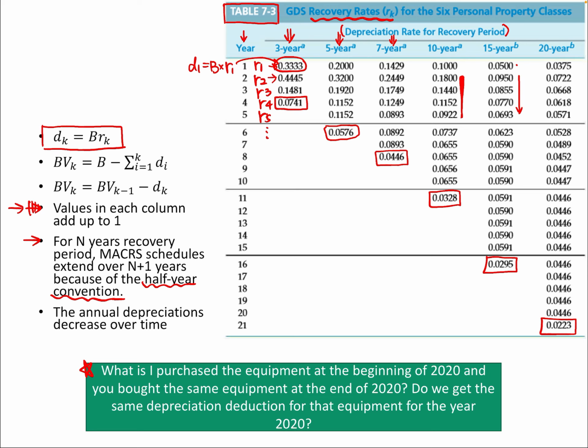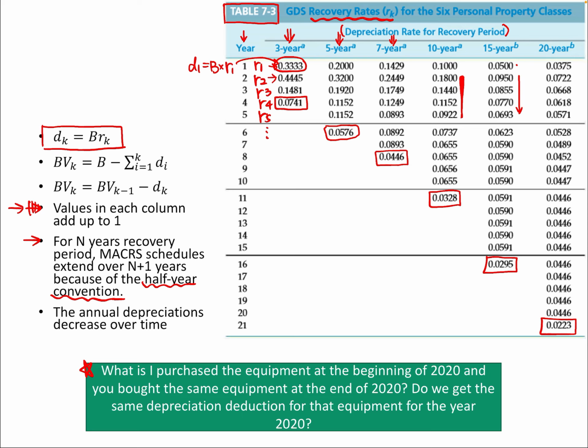And this also explains why we have a smaller percentage in the first year. Actually, it's only half of the real percentage of that whole year. So that's why the R1s are all smaller than R2s, because actually the R1s should be 2 times the number listed there, which would make it bigger than R2.